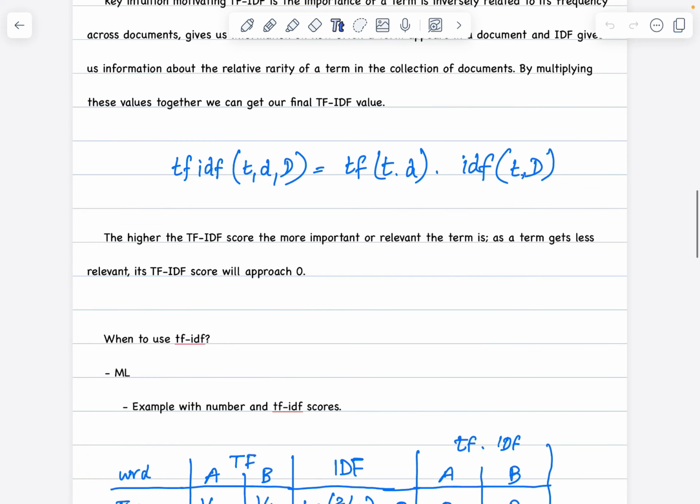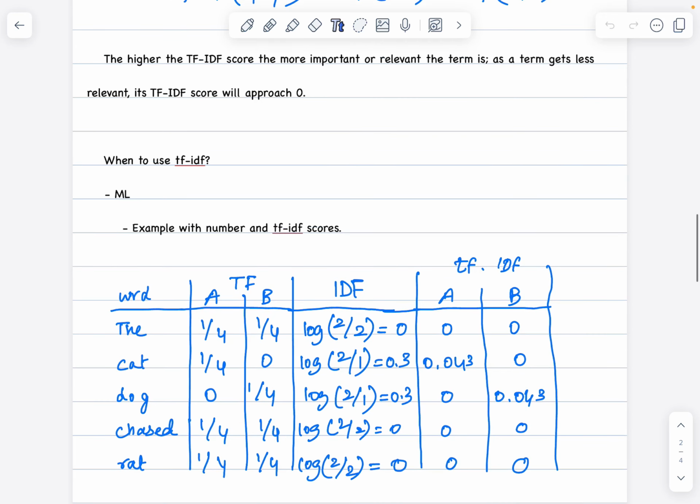So when to use TF-IDF? In machine learning, consider you have sentences in NLP and you want to identify which are the important terms. Consider two sentences: the cat chased rat, and the dog chased rat. The word the appears in both case A and case B, so its term frequency is 1 by 4: 1 is the word appearing once, and the total count of words is 4.